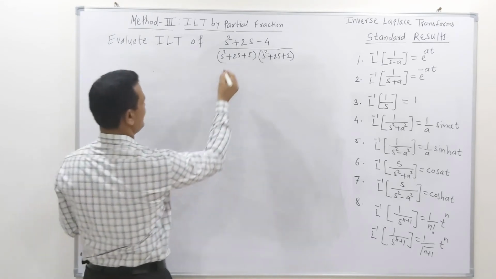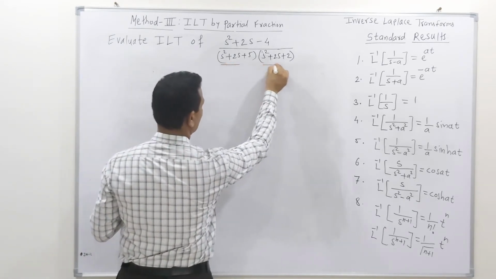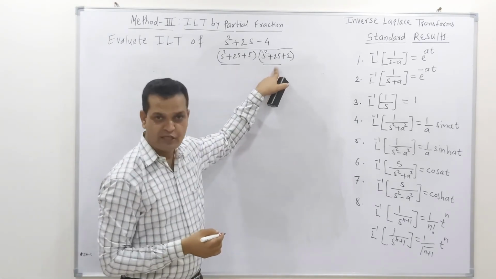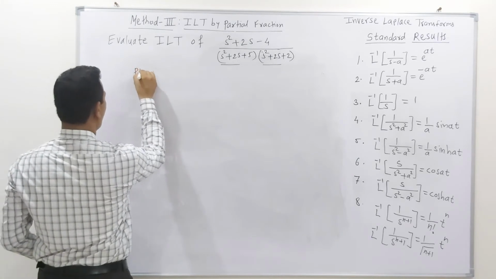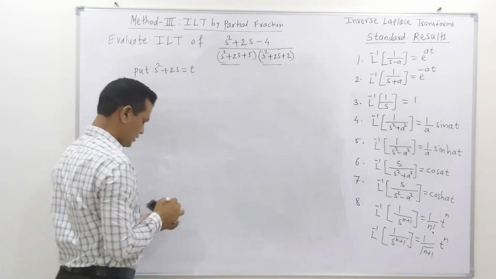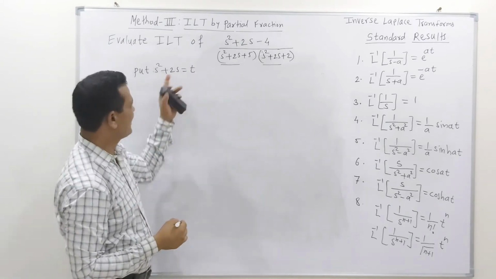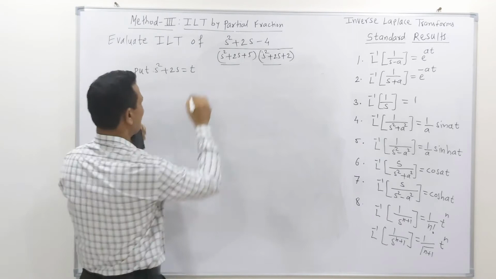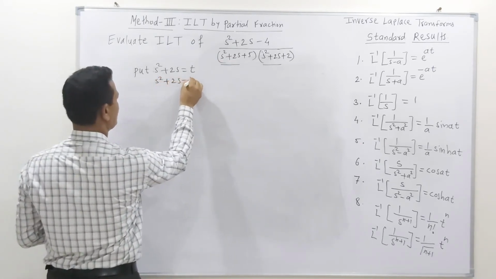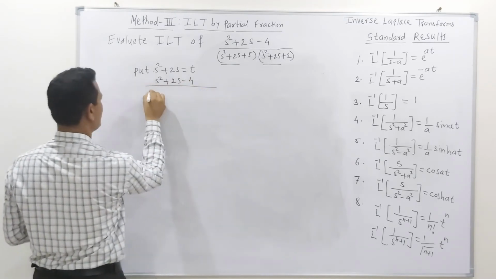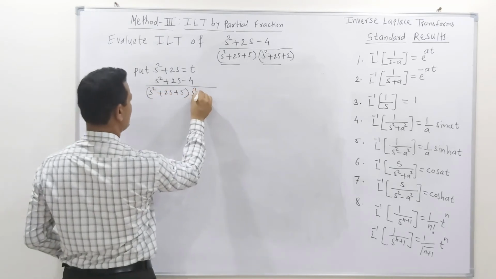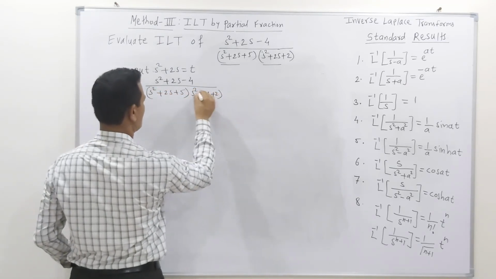Now observe that the term s square plus 2s is common for both terms in the denominator. In particular, if we put s square plus 2s equal to t, so let's assume this as parameter t, then we can write the given equation as s square plus 2s minus 4 divided by s square plus 2s plus 5 into s square plus 2s plus 2.